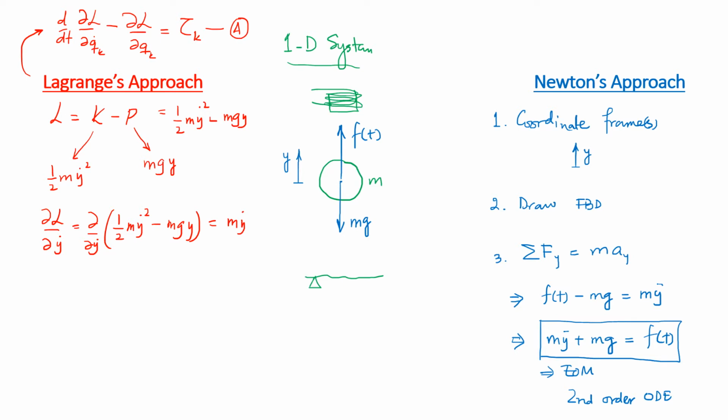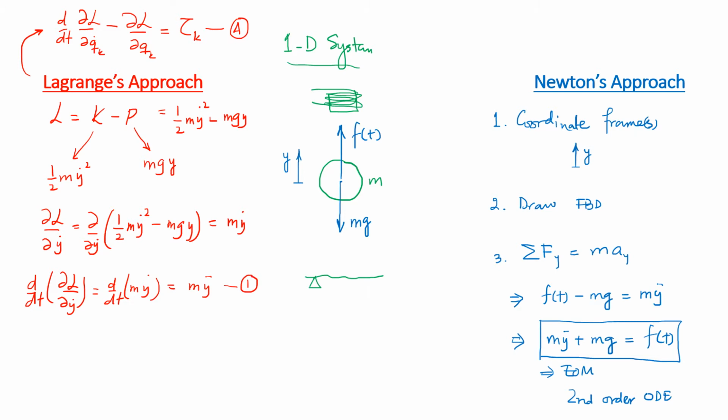Now once you have defined that, you can take the time derivative of partial of L by partial of y dot, and that is going to be d by dt of m y dot, which is quite simply m y double dot. Now take this as expression number 1.